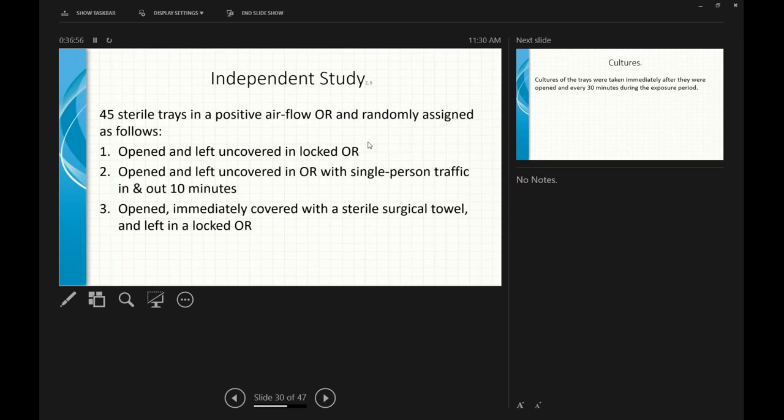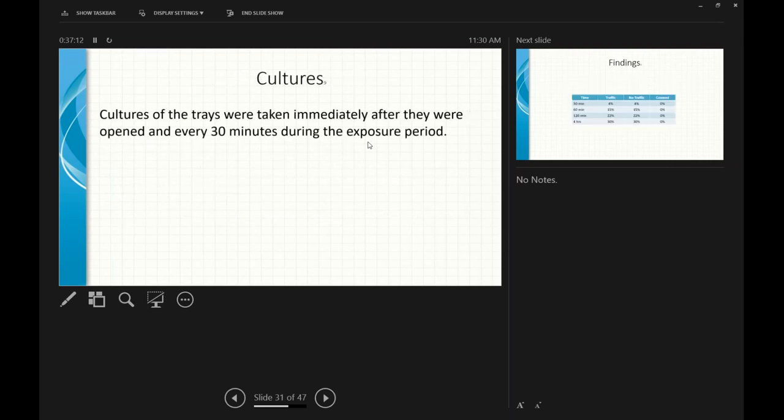Two, they were opened and left uncovered in an operating room with single person traffic in and out every 10 minutes. And three, opened and immediately covered with a sterile surgical towel and left in a locked operating room. Cultures of the trays were taken immediately after they were opened and every 30 minutes during the exposure period. So this was a controlled study.